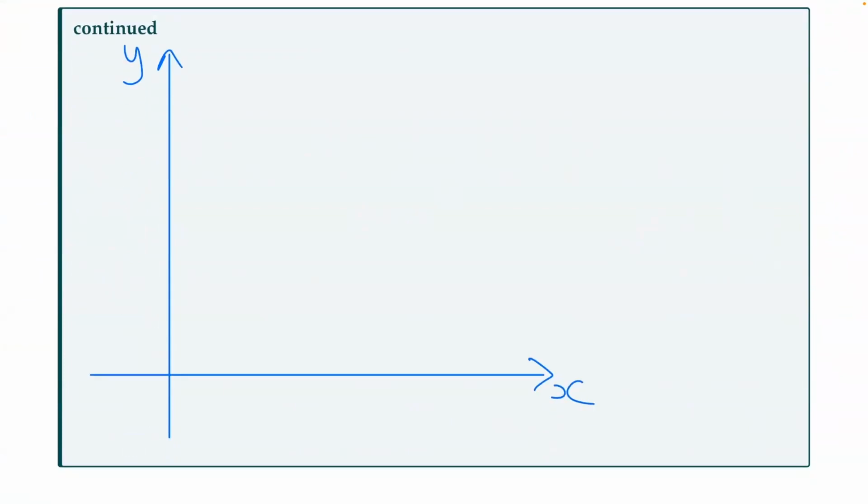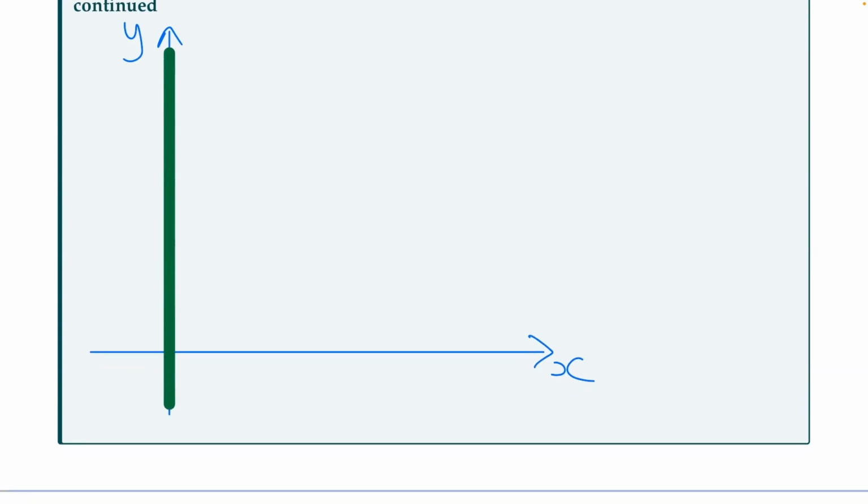So for x, we have a null line when x is equal to 0. We also had a null line when y was equal to 2x minus 2. So that looks something like this. I'm not going to have my labels on here in the interest of time, but you guys should make sure you label these things.